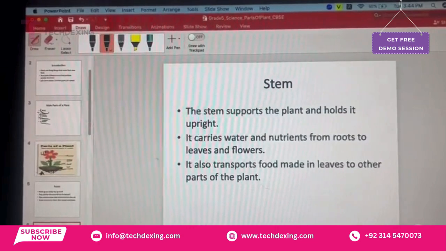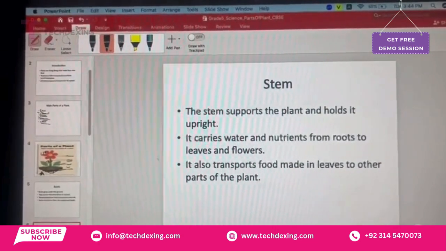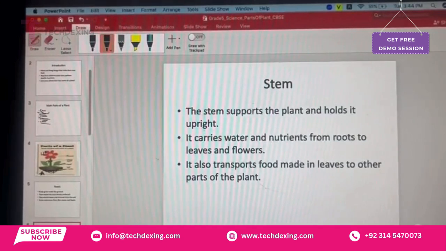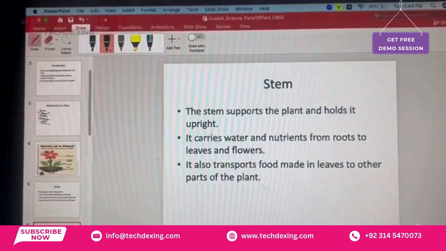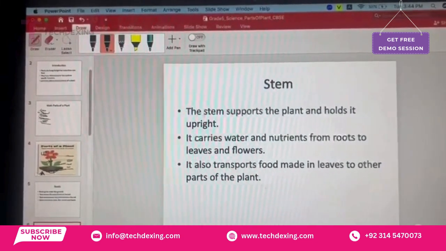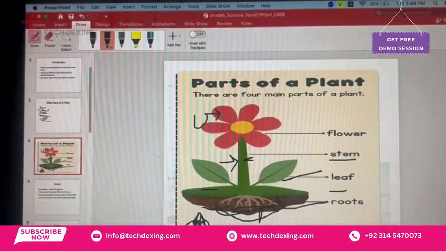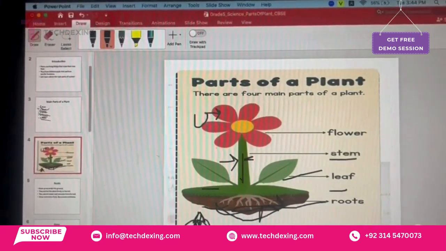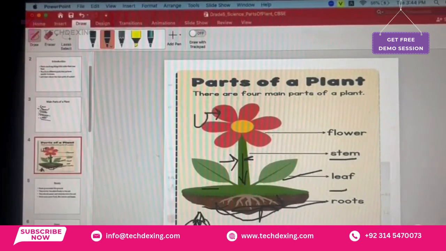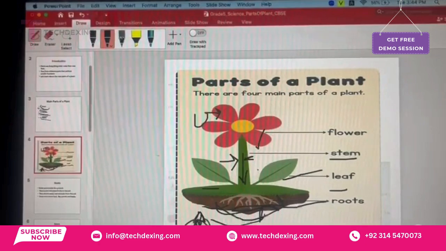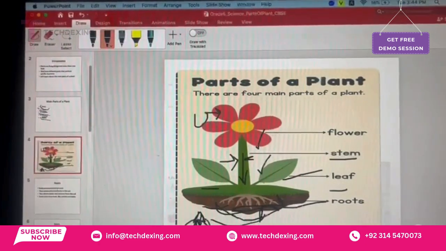Roots carry the water and nutrients from the soil, but the stem carries water and nutrients from the roots to the leaves and the flower. It works like a communication system. It takes nutrients and water from the roots and gives them to the leaves and the flower.